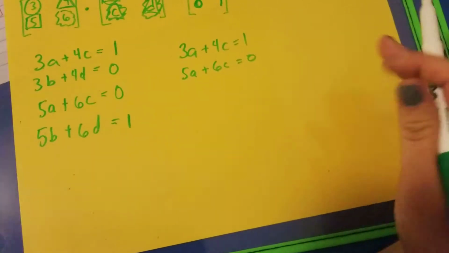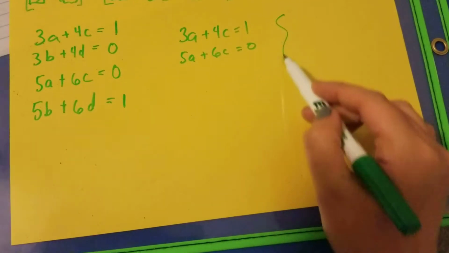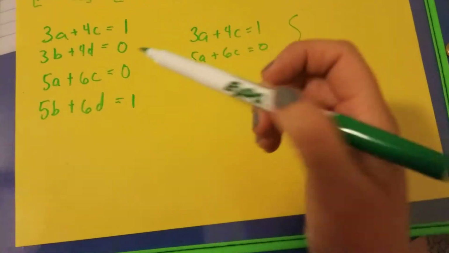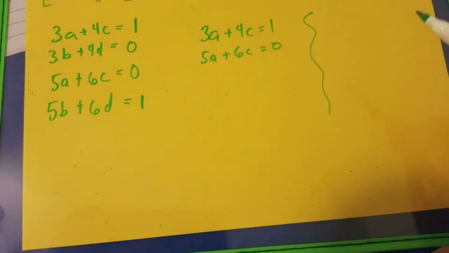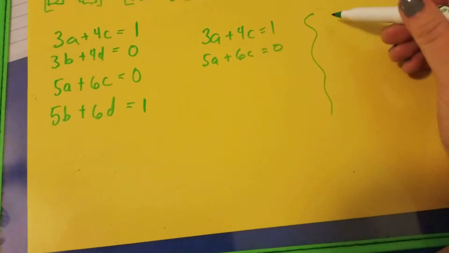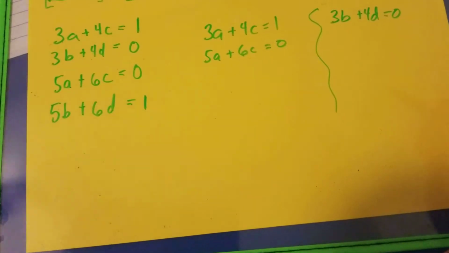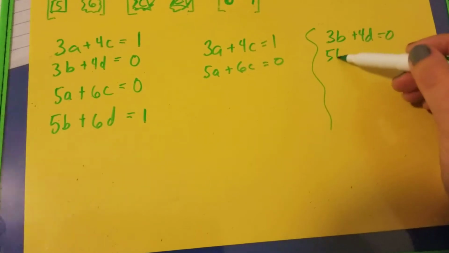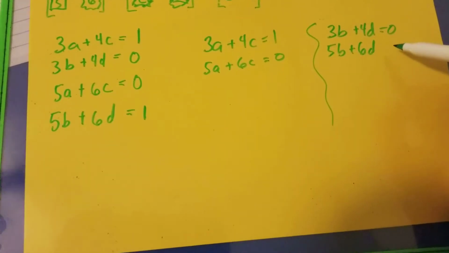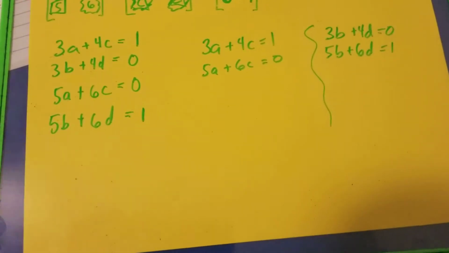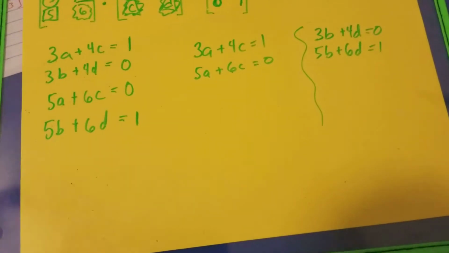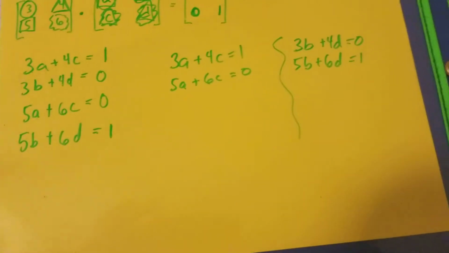And we're going to solve that system of equations. And then we're going to solve the other one, which is the second equation and the fourth equation, which have the variables b and d. So we have 3b plus 4d equals 0. And we have 5b plus 6d equals 1. And again, we're solving both of them like a system of equations.